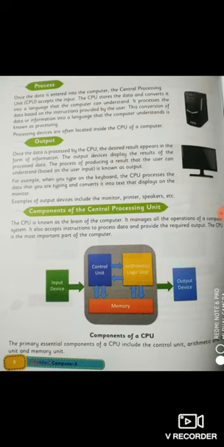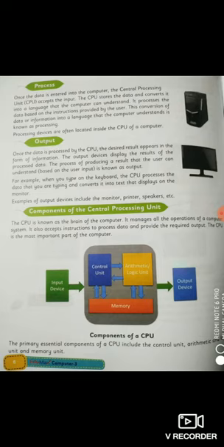Now let's see what output is. Once the data is processed by the CPU, the desired result appears in the form of information. The output devices display the result of the processed data. The process of producing a result that the user can understand based on the user input is known as output.